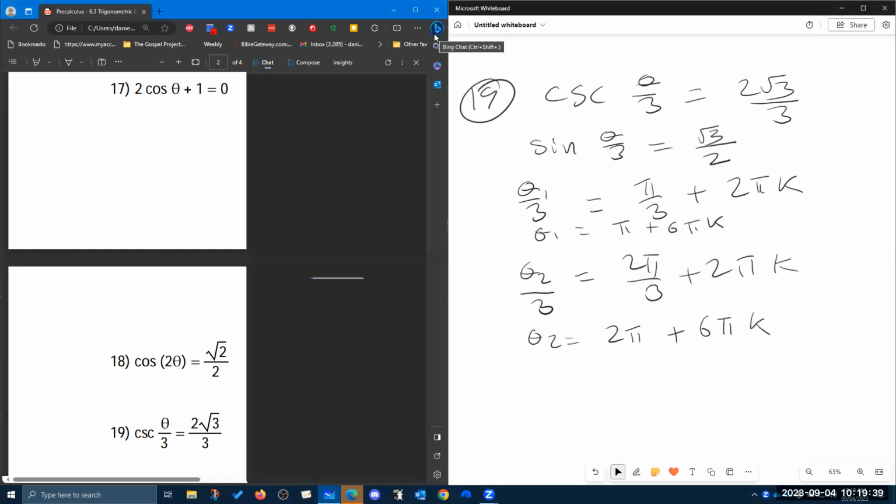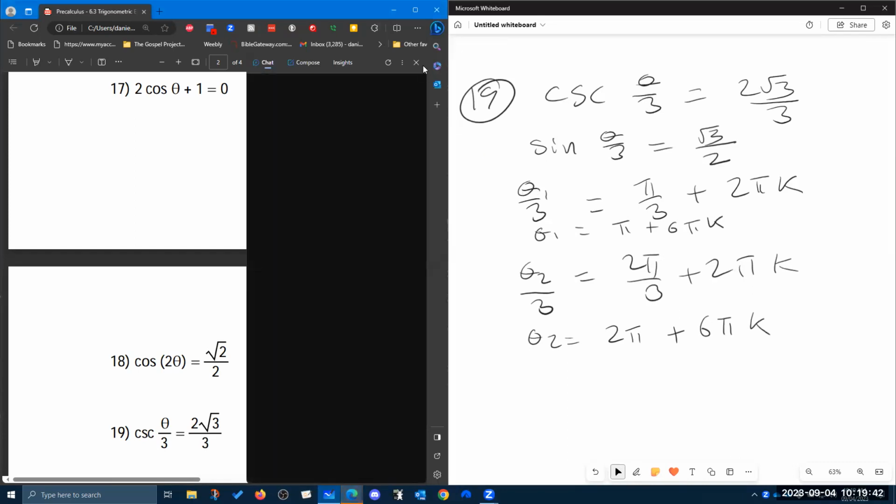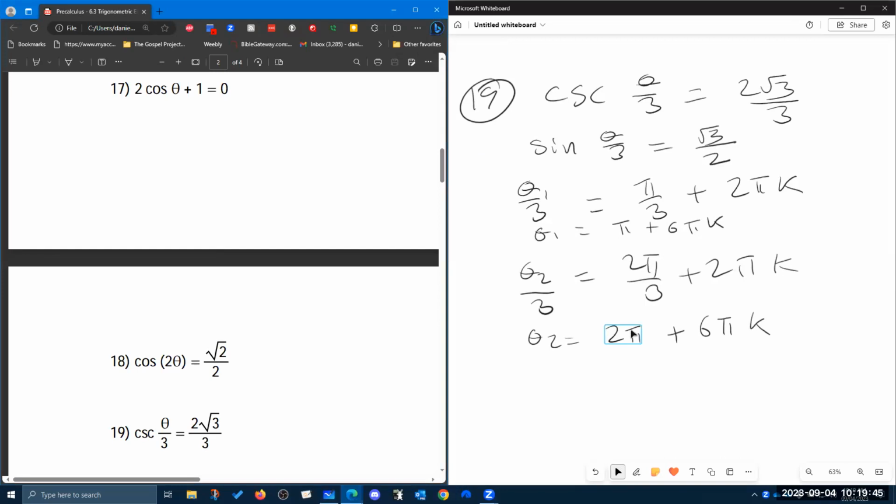So that looks to me like that could be something that would be able to be simplified down, because if I'm taking pi and then going around 6k pi, and I'm taking 2pi and going around 6k pi, then I should be able to say that it's going to be anywhere on this line but every 3 revolutions.